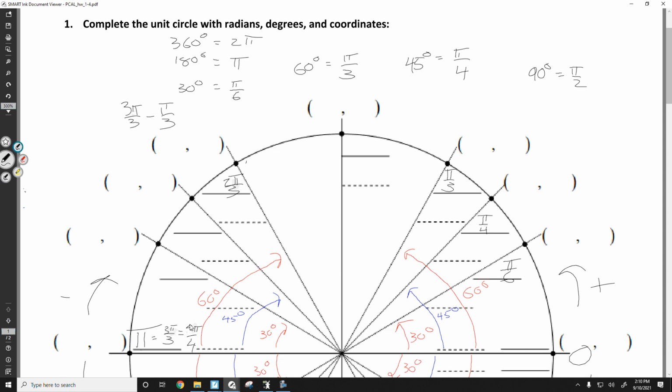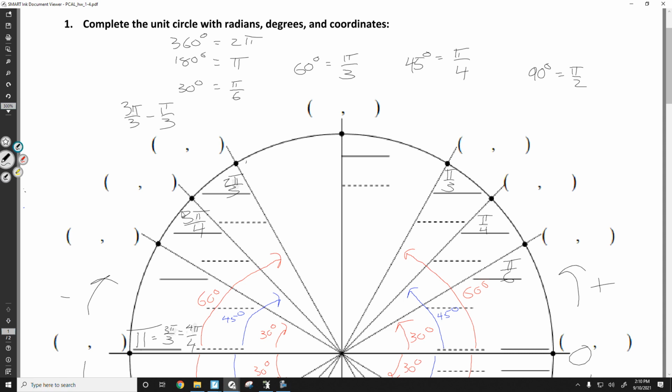What's this radian location? Good. 4 pi over 4 minus pi over 4. All you need to know is how to get there, but you're not going to convert anything.